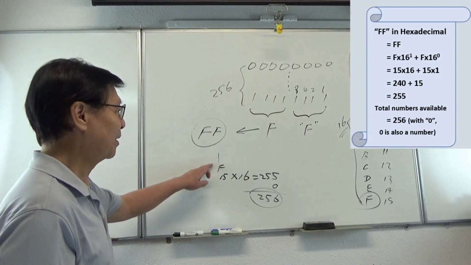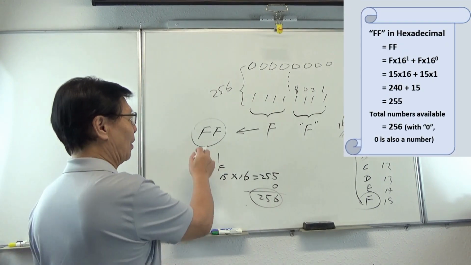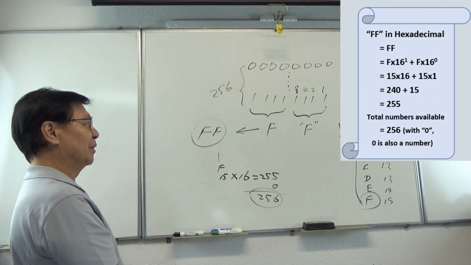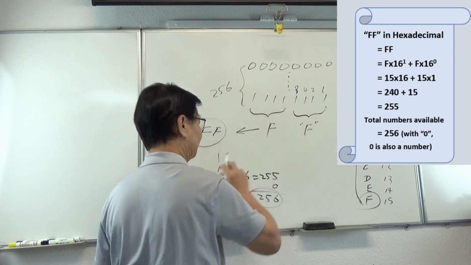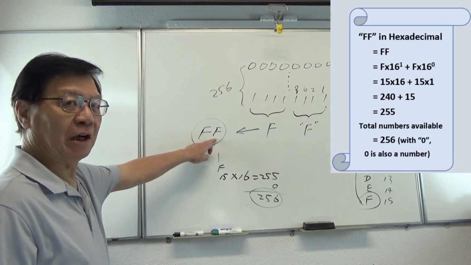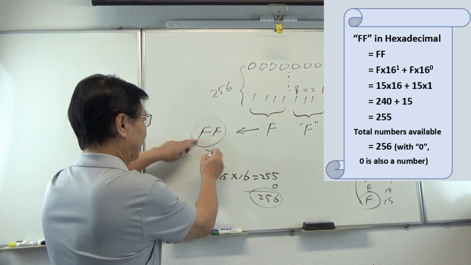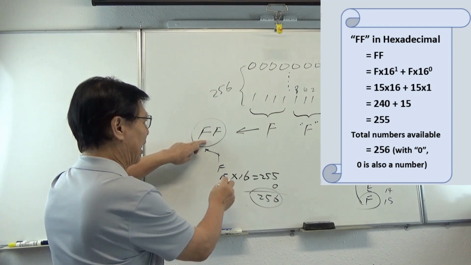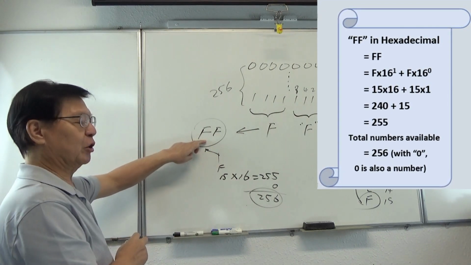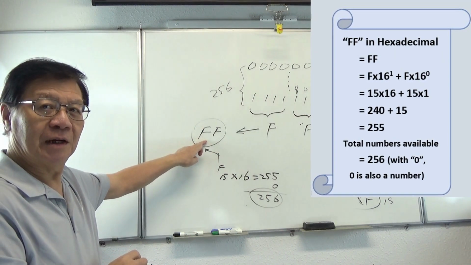So now FF, don't mention 1111. 15 is here, but this one is F times 16, that's 255, right?